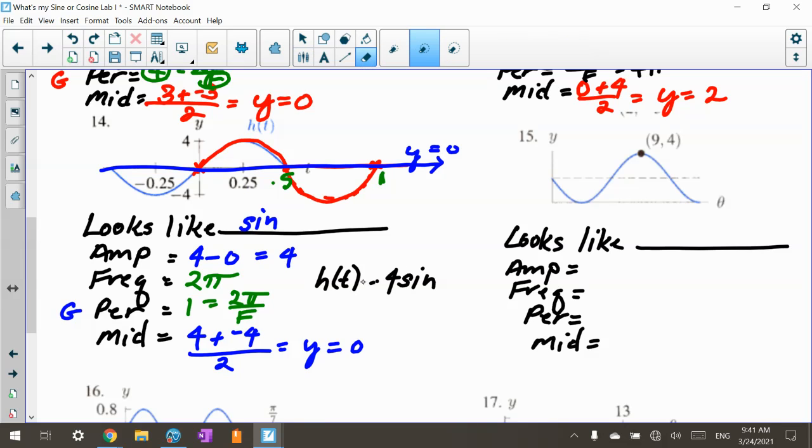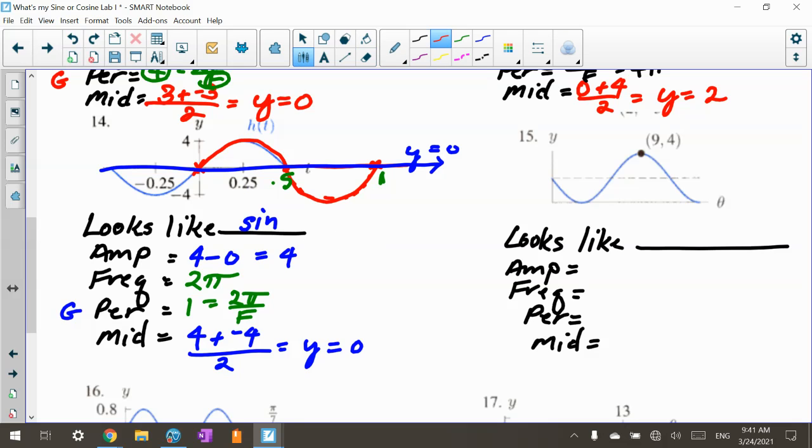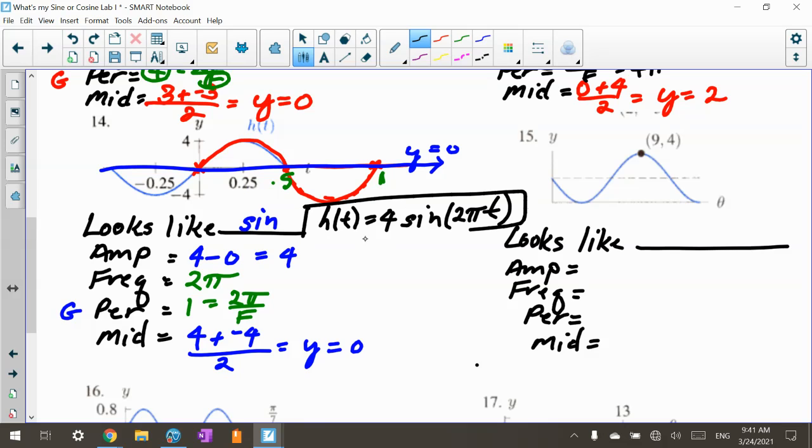Oh man, I keep running out of room. Let's try another spot. Right here, I'm just going to shorten this up. Ready? h of t equals 4 sine. My frequency is 2 pi, and it's a t there, and it's not going to be adding anything at the end. So that is my equation. I just barely got that in there.